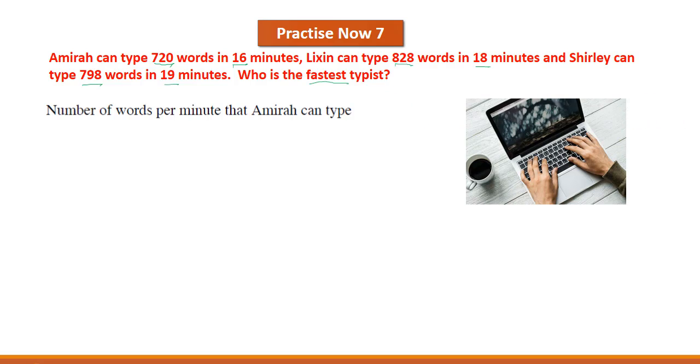Now, the number of words per minute that Amira can type. It is words per minute. Words are 720 for Amira and the minutes are 16. So we will divide 720 over 16. That is called words per minute. Per means divide.